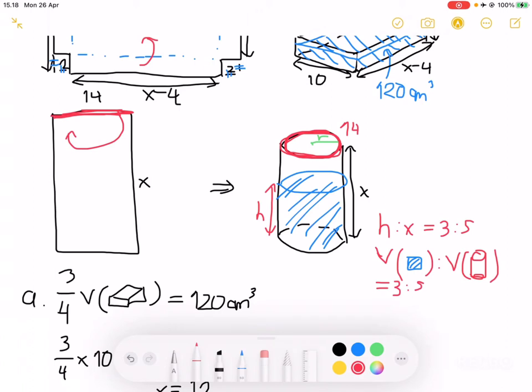Well, notice that the water is inside the same cylinder, and that cylinder has a radius r. So the ratio is maintained.